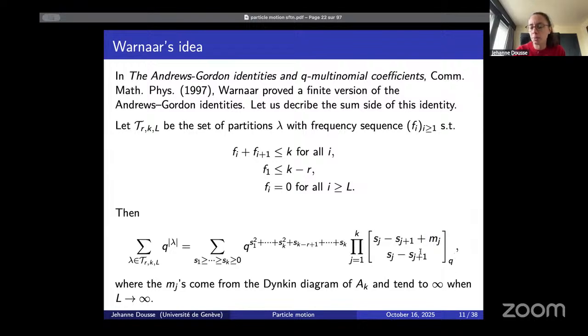And if you have a q-binomial coefficient and the number on top tends to infinity, then what you get is 1 over (q;q) indexed by the number on the bottom. So this would give us 1 over (q;q) of s_j minus s_{j+1}, which is exactly what we get in the Andrews-Gordon identities. So this expression, when L tends to infinity, tends to the sum side of the Andrews-Gordon identities.